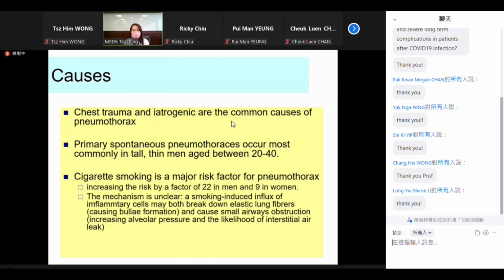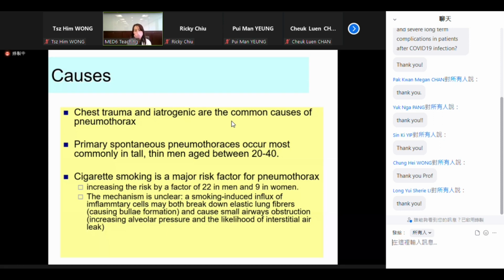Of course, chest trauma will be one of the causes, and iatrogenic causes like chest drain insertion, where we hurt the visceral pleura during insertion, and then a pneumothorax occurs. The primary spontaneous pneumothorax usually occurs in tall young gentlemen aged between 20 to 40, and thin gentlemen.